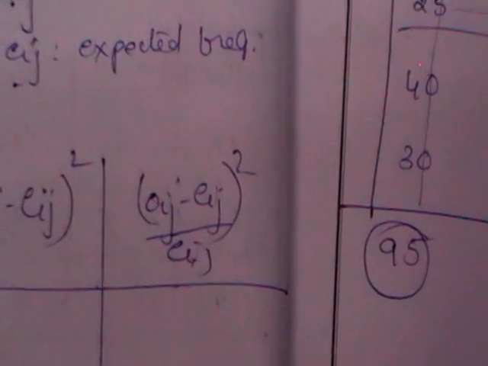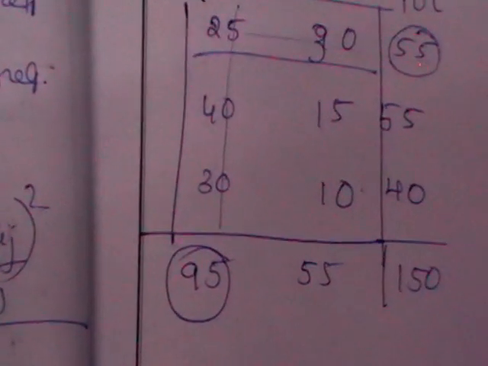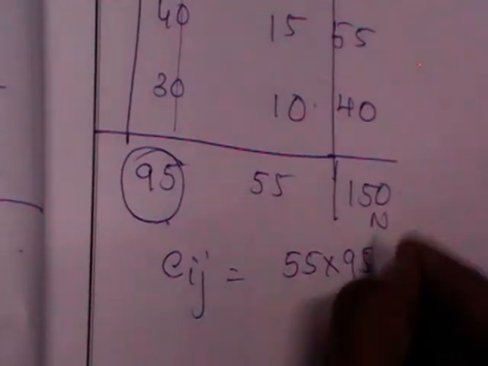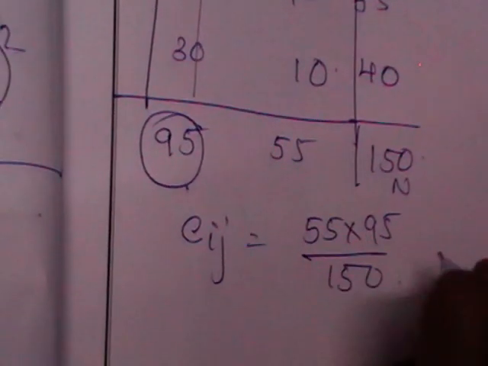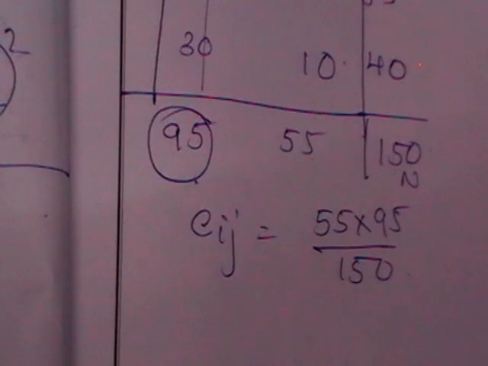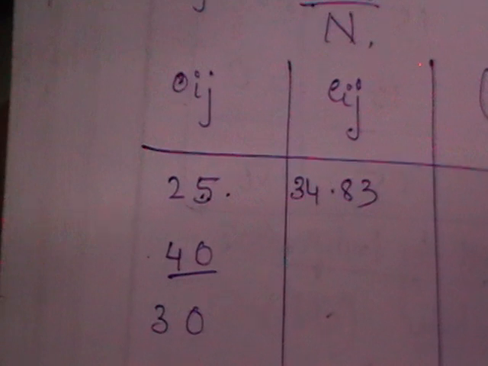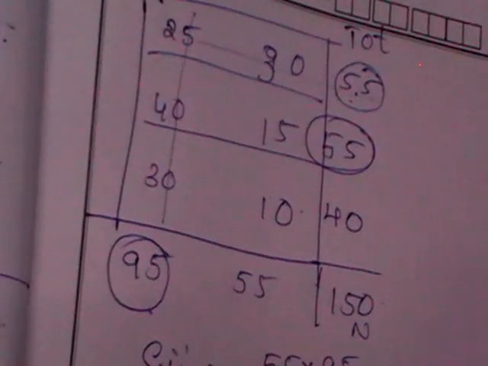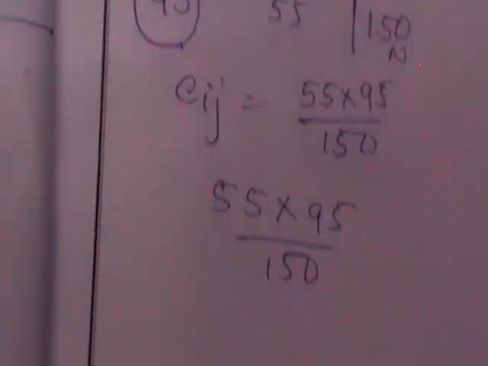So to calculate EIJ corresponding to 25, you use the formula 55 into 95 by N, which is 150, and that is nothing but 34.83. Similarly, to calculate with respect to 40, you have 55 into 95 by 150, again the same value, 34.83.